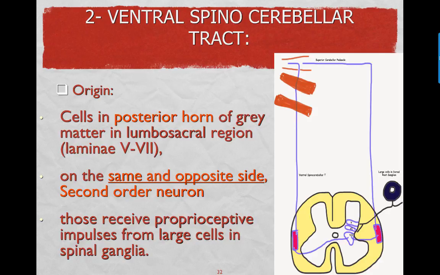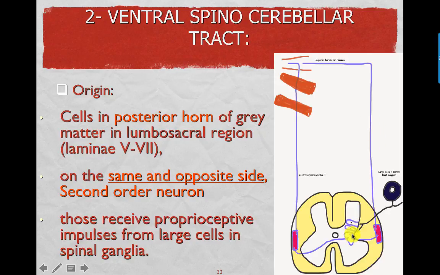Where can you find these laminae? What is the origin? These laminae that carry the proprioceptive impulses are taking them in the lumbosacral region, so the tract will be present at all levels of the spinal cord, as it starts from lower down and completes its journey to the end of the spinal cord and also to the medulla.